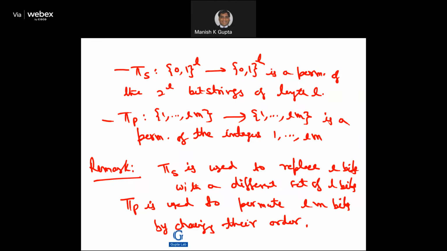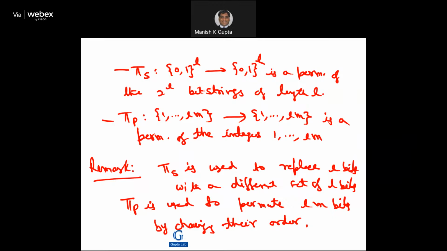pi_s is used to replace L bits with a different set of L bits. That function is done by pi_s, and pi_p is used to permute the LM bits by changing their order. Understand the difference between pi_s and pi_p. pi_s replaces L bits with a different set of L bits, whereas pi_p permutes the LM bits; their order is changed.